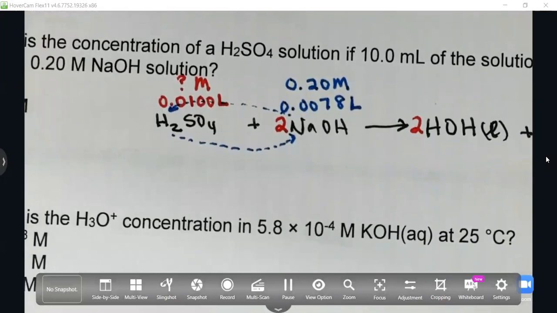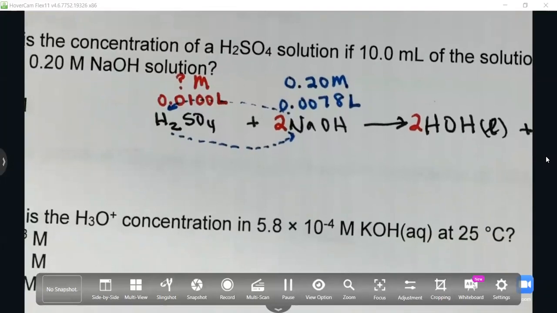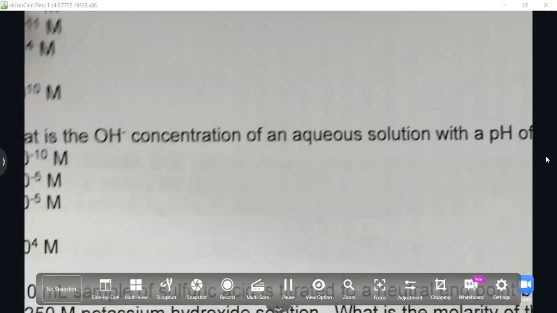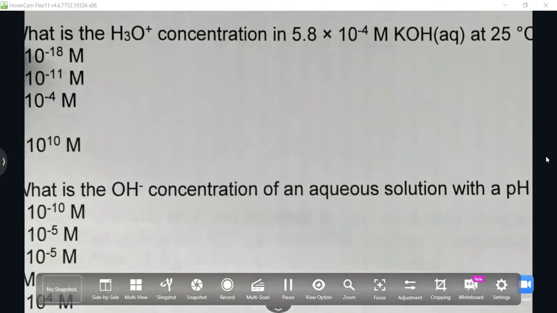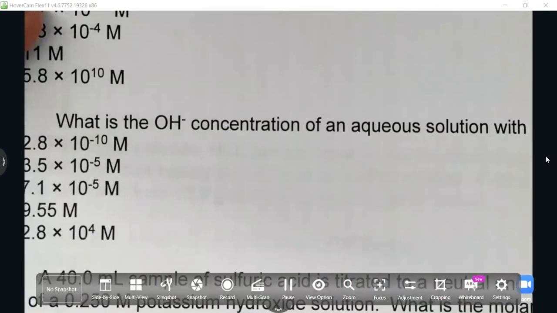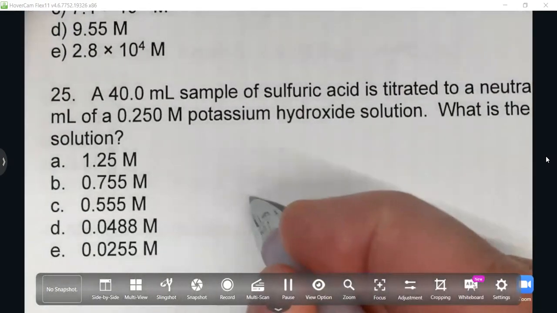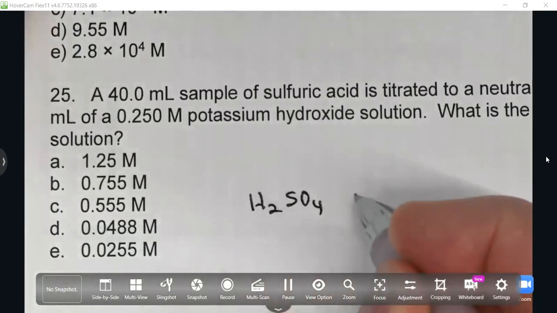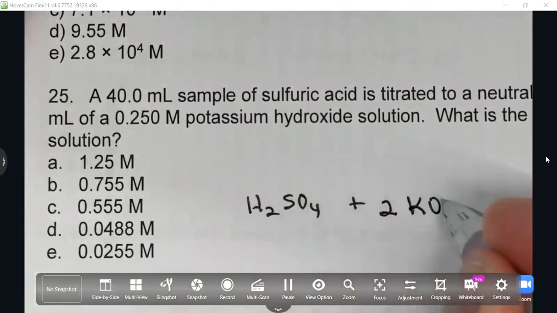And we got just enough time to set up 25, the last one. So if we set up 25, it's going to be the same reaction, except for instead of sodium hydroxide here, we have potassium hydroxide. So sulfuric acid is the same. So down in 25, we look like this. We're going to have H2SO4 plus 2 KOH.